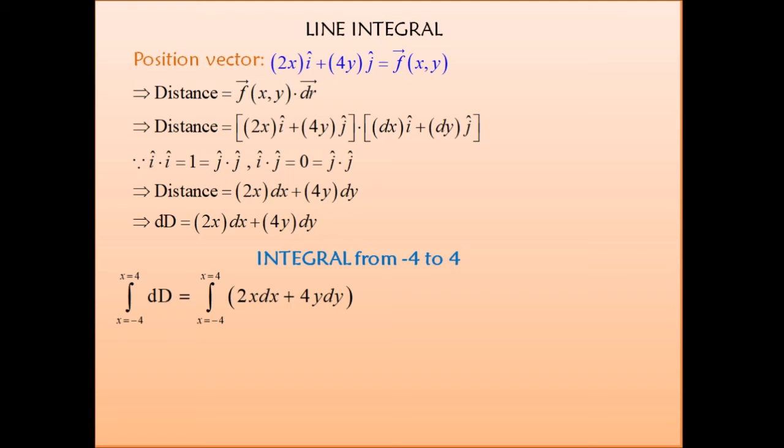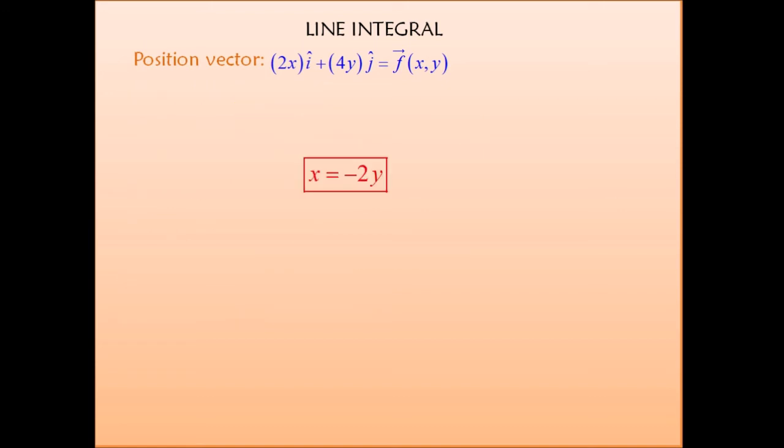So after integrating it, we get that this integral from x equals minus 4 to x equals plus 4 of dt is actually the total distance that the bus has covered. Now do you remember that we have considered the trace from x equals minus to y?